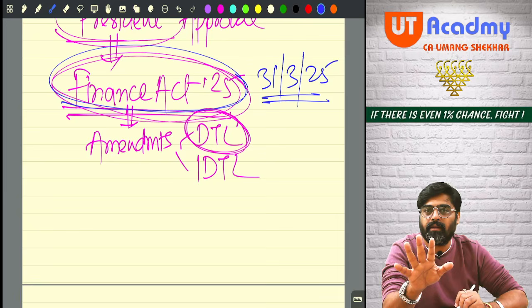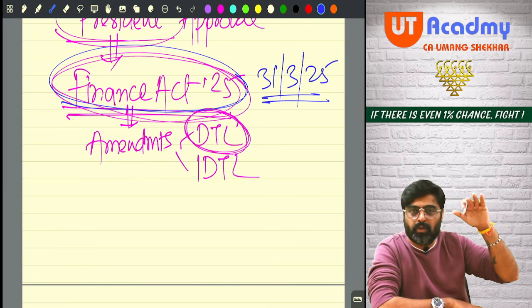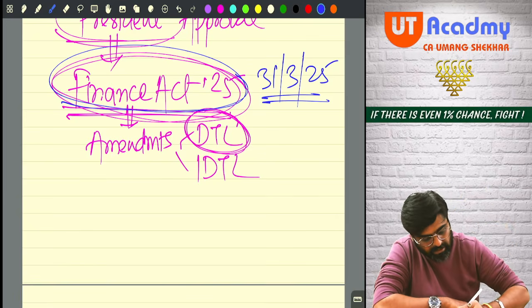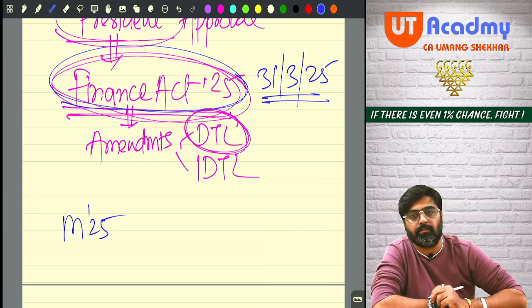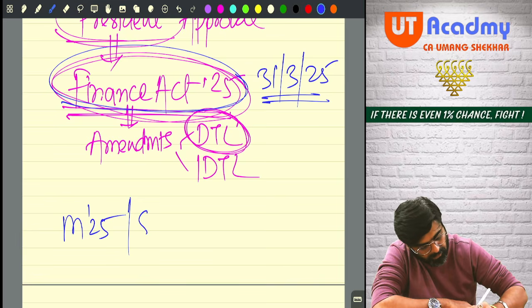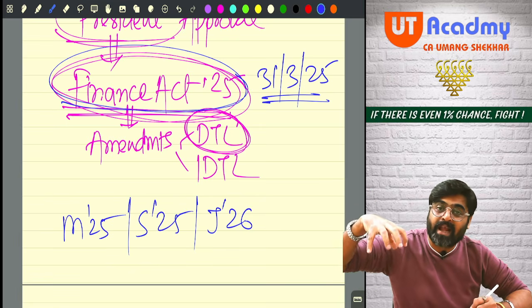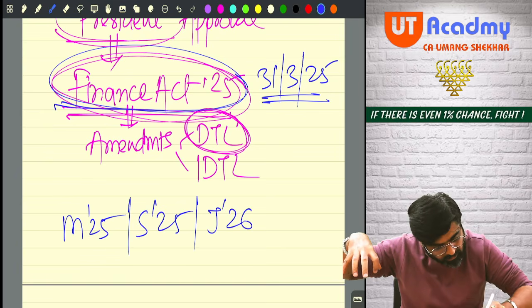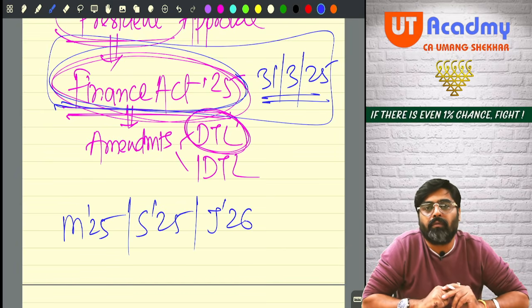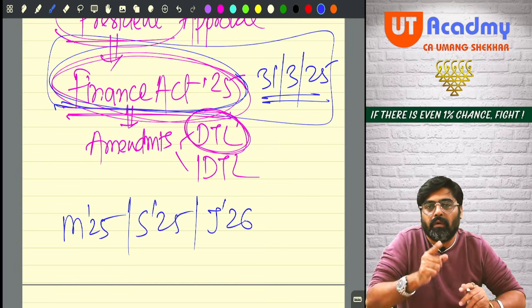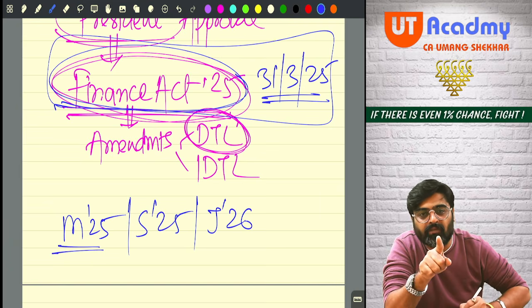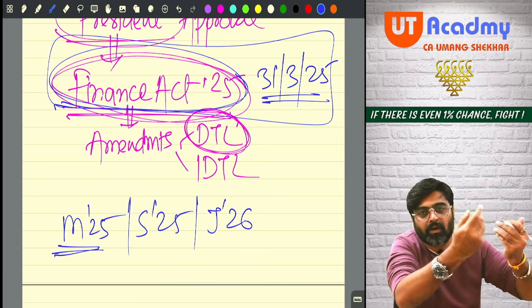Now just imagine the institute tells you, for May 25 attempt or September 25 attempt or January 26 attempt, read the Income Tax Act 1961 as amended by Finance Act 25. The people appearing in May 25, they are gone.